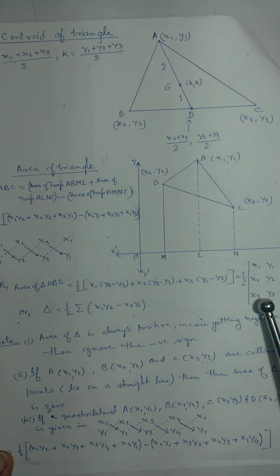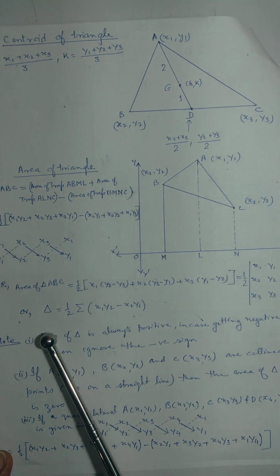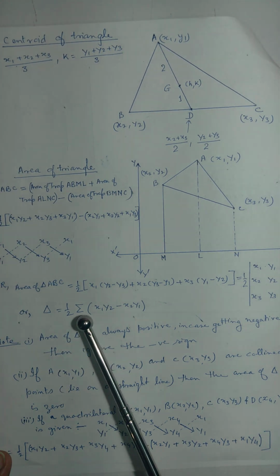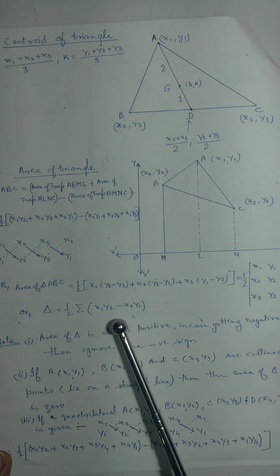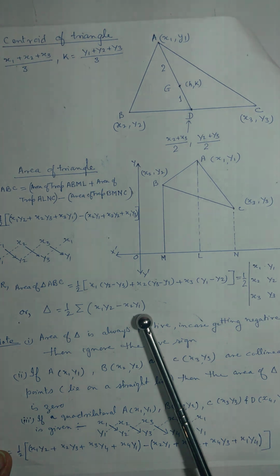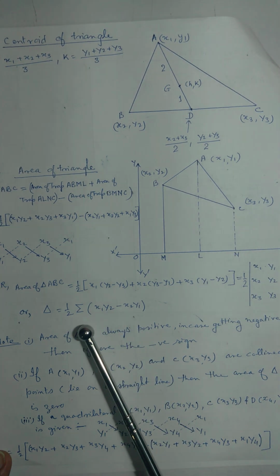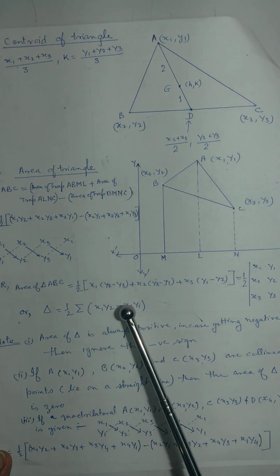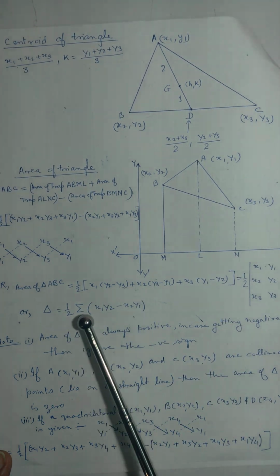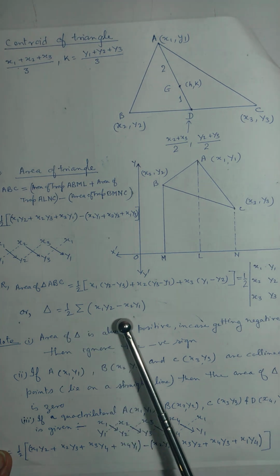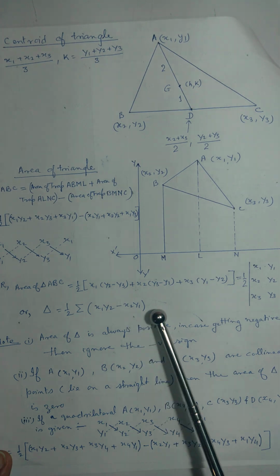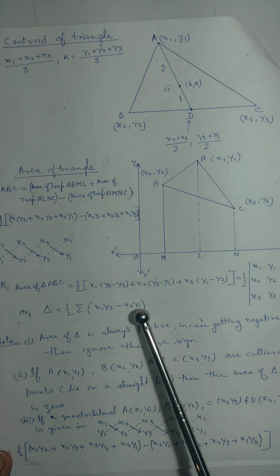In the form of a determinant I have written it here, and it can also be written like this: the area of the triangle will be equal to 1 by 2 summation of (x1 y2 minus x2 y1). Either you just understand this one formula or you remember this long method. If you have understood this formula, you can easily elaborate it, meaning x1 y2, x2 y1, just interchanging.